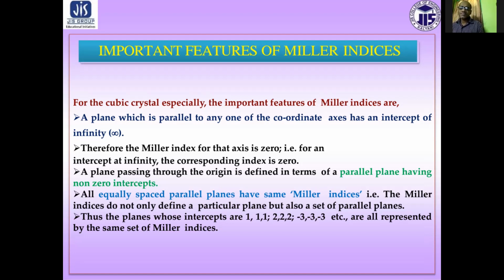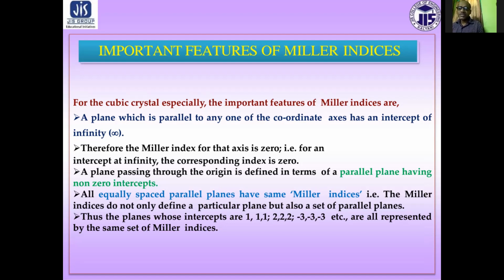A plane passing through the origin is defined in terms of a parallel plane having non-zero intercepts. Next, all equally spaced parallel planes have the same Miller indices.